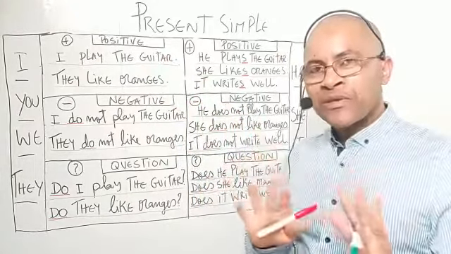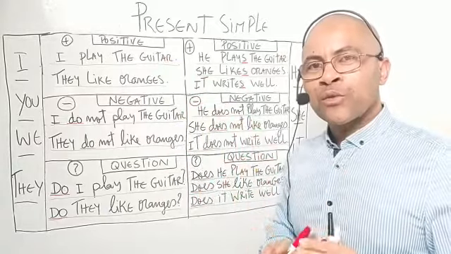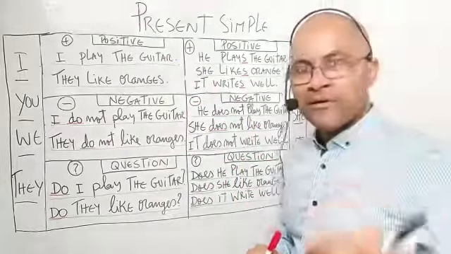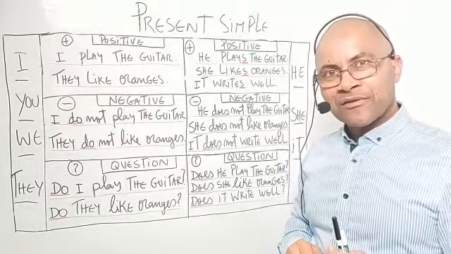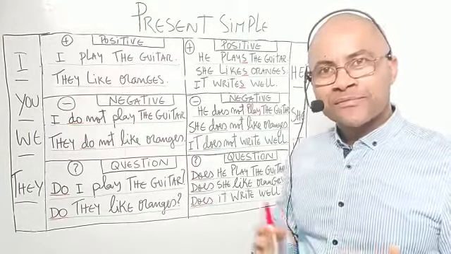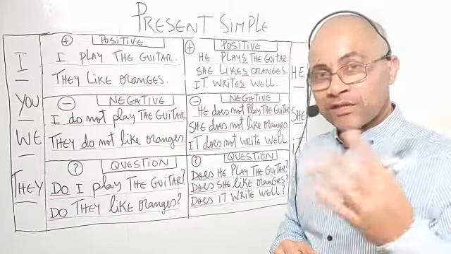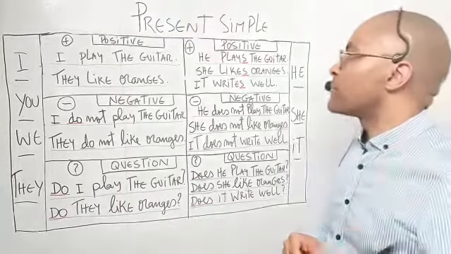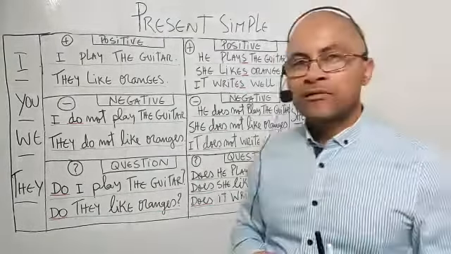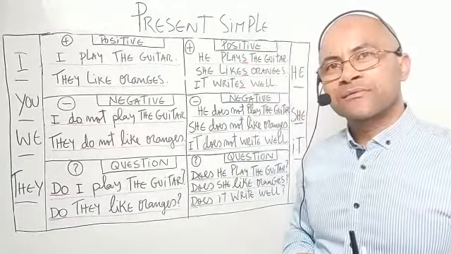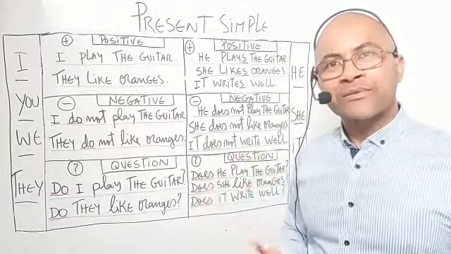No verb to be here. Here we have the other verbs. For example, to play, to teach, to come, to write, to like, and many other verbs.